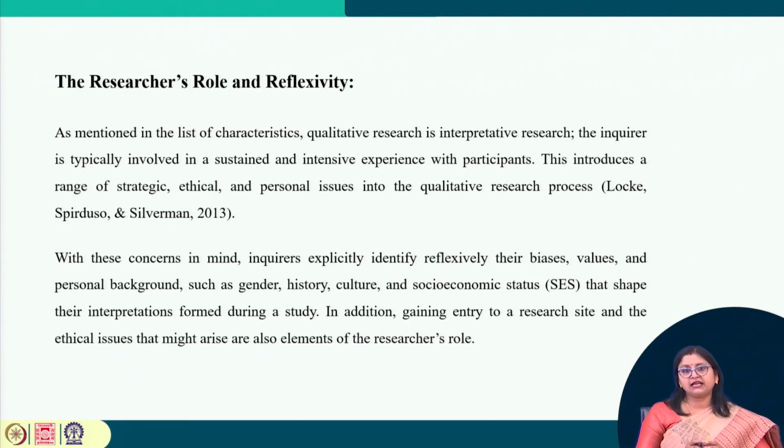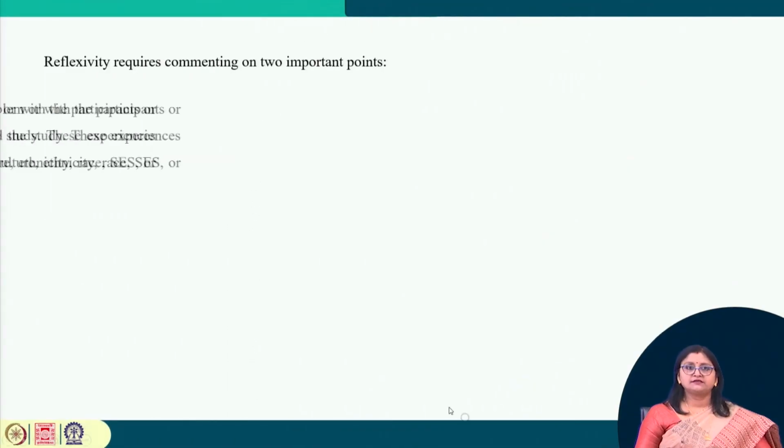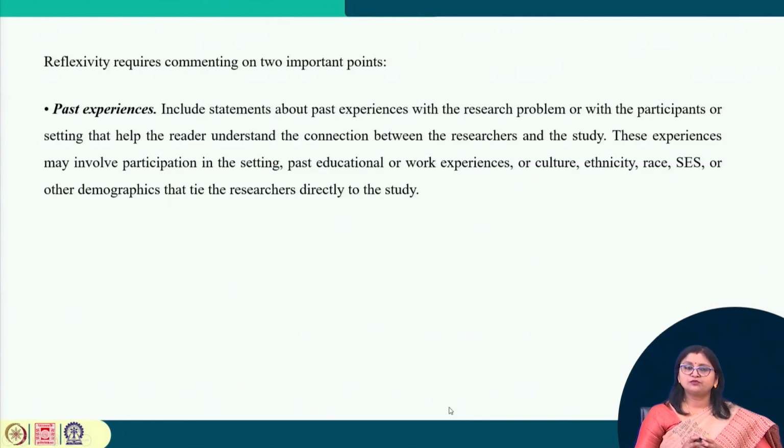In addition, gaining entry to a research site and the ethical issues that might arise are also elements of the researcher's role. Now, reflexivity has two important points. The first one is past experience.